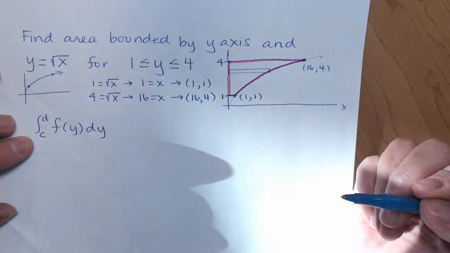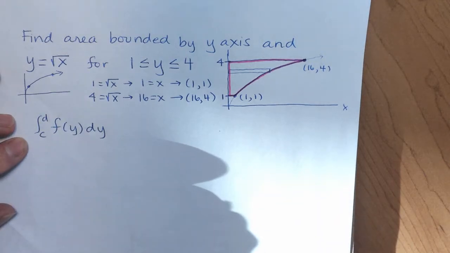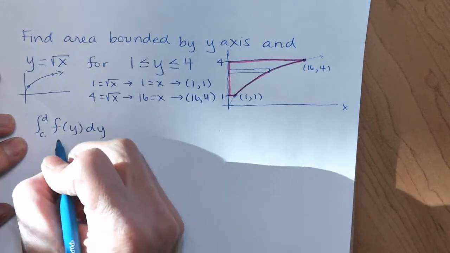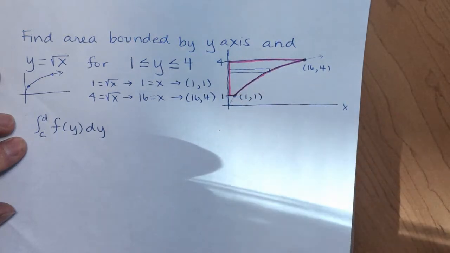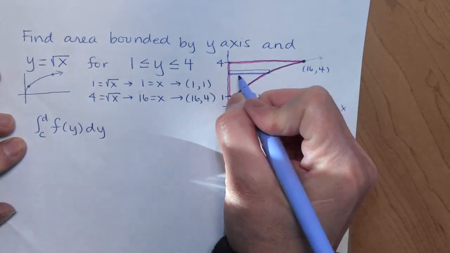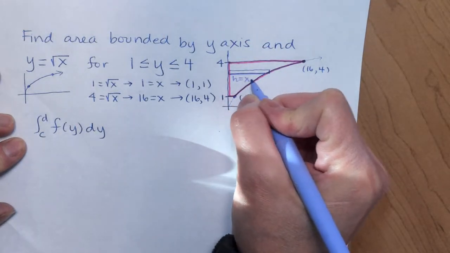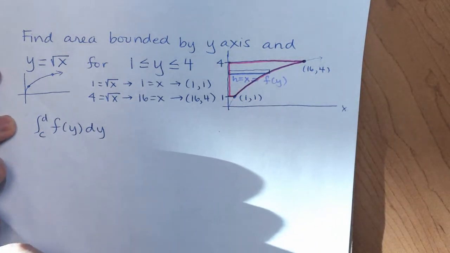They are going to be 1 and 4. What is f of y? The function in terms of y. And again, remember, my height is going to be an x value. I want to know what x is, which is what we mean when we say f of y.